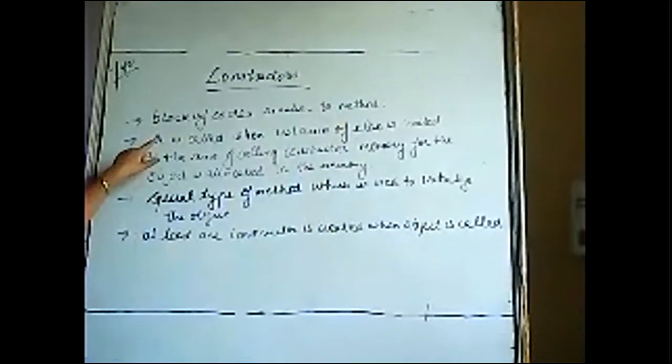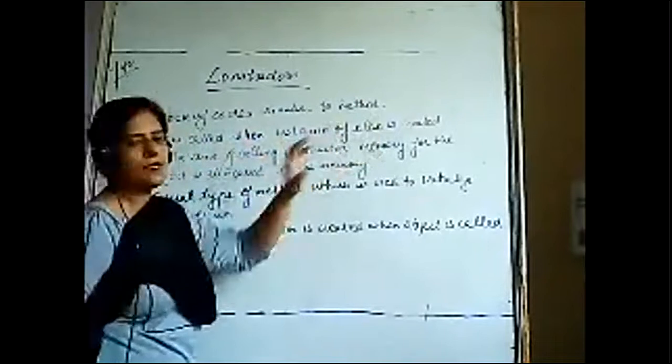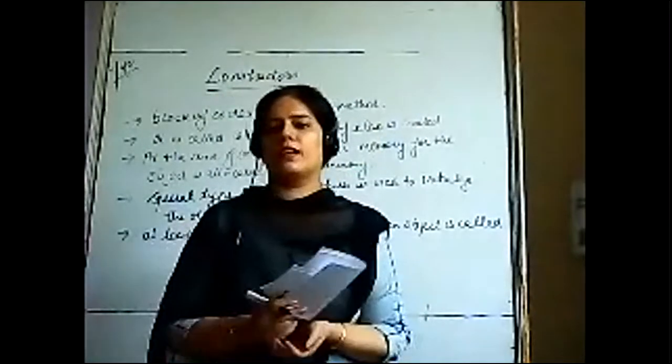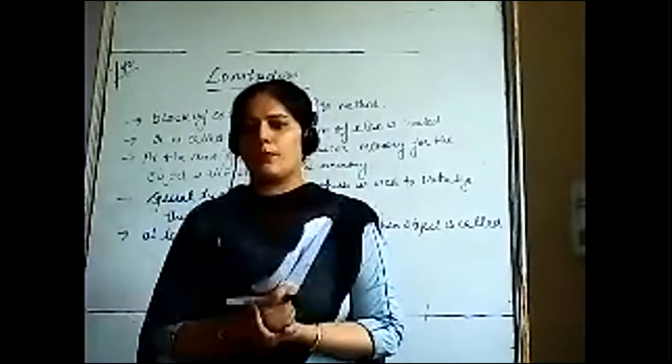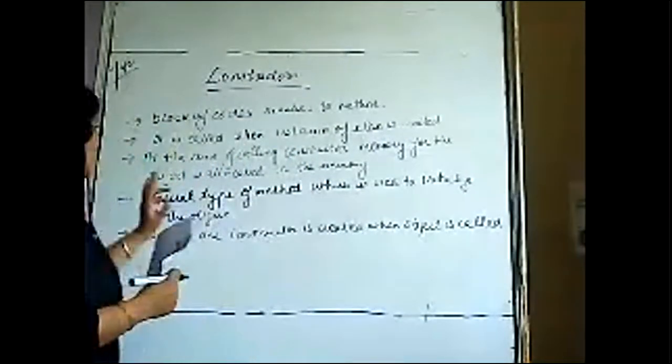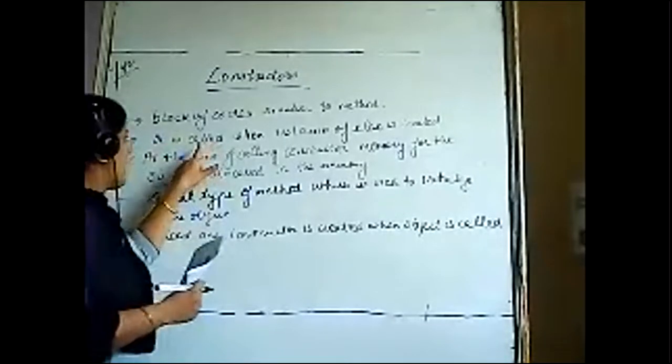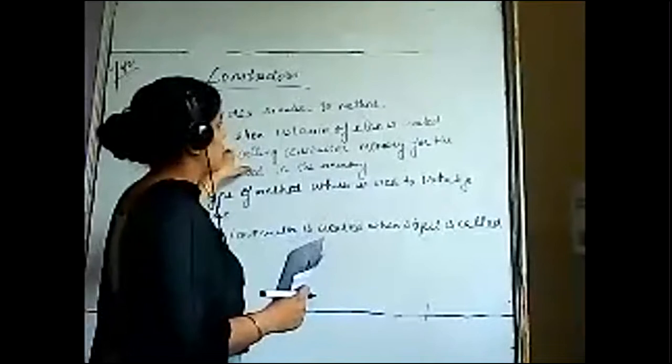Secondly, it is called when the instance of the class is created. What we mean by instance of a class is that when we need to create the object of that class, at that time this constructor will be called.